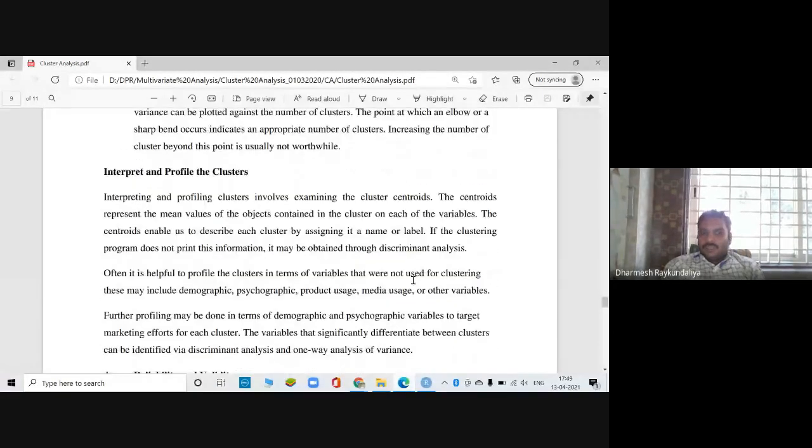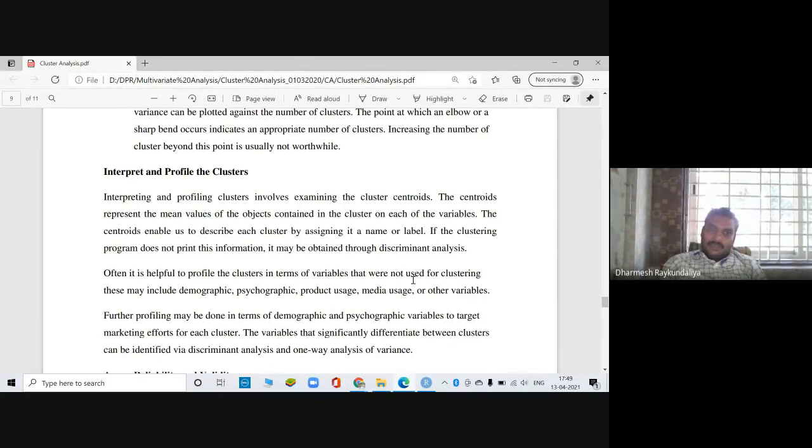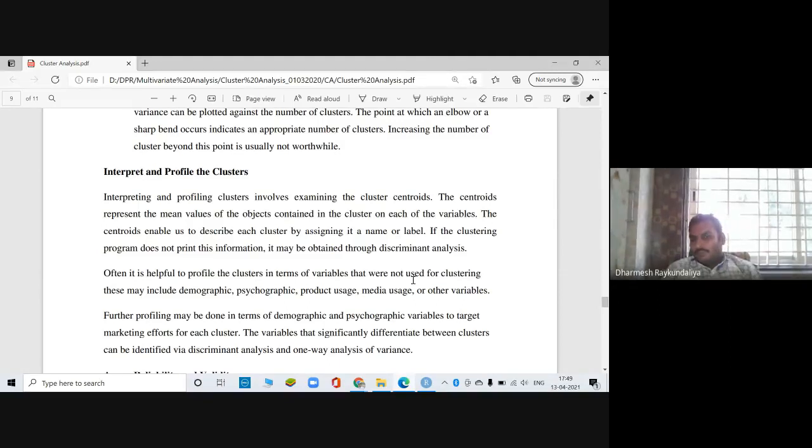Once the clustering is done, you have to interpret and profile the clusters. Interpreting and profiling clusters involves examining the cluster centroids. The centroids represent the mean value of objects contained in the cluster on each variable. Once the objects are clustered, you have to find out the cluster centroid of each cluster.